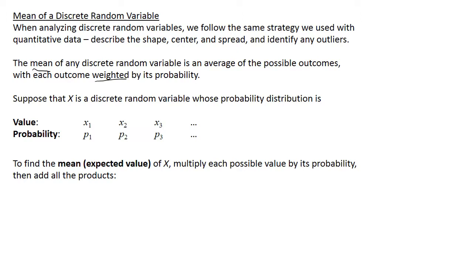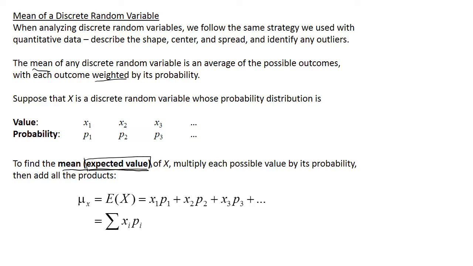So let's describe our discrete random variable as having values x sub 1, x sub 2, x sub 3, and then corresponding probabilities p sub 1, p sub 2, and p sub 3, and so on. So to find the mean, or the expected value, which is just another name for the same exact thing, we multiply each possible value by its probability and then add all the products.